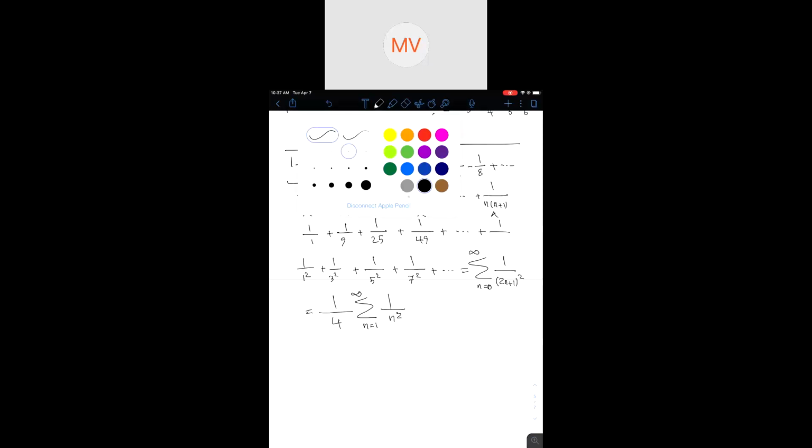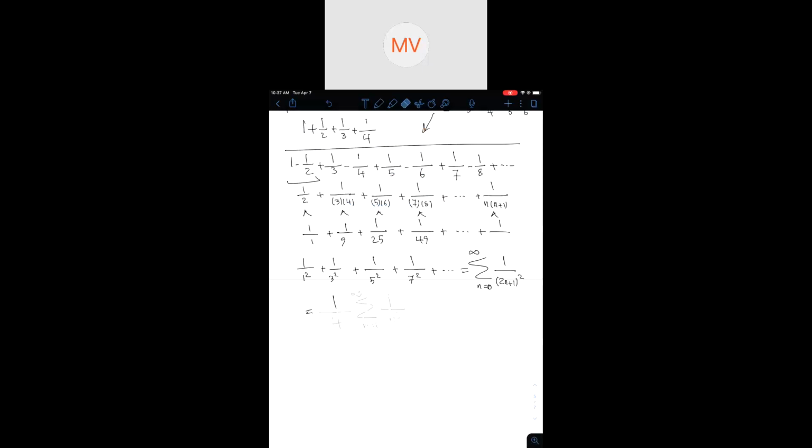But we can do what we were about to do here. I can just expand it. So this is 1 over 4n squared plus 4n plus 1, and starting from 0 to infinity.